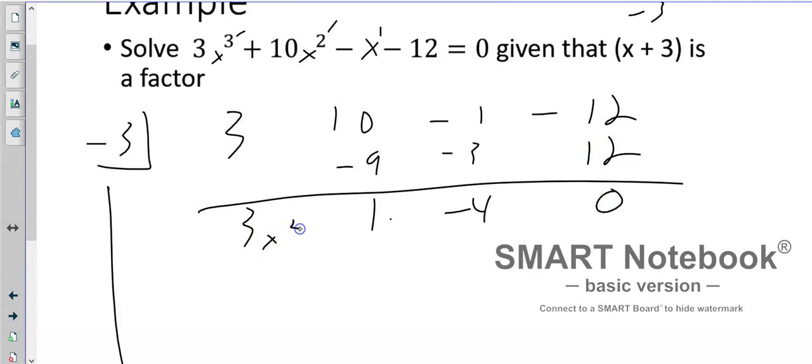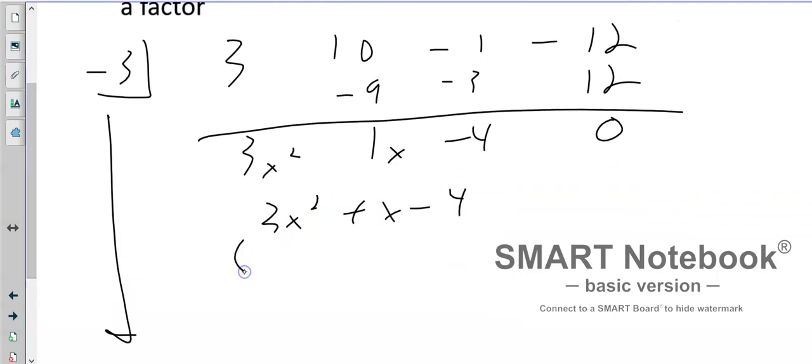So remember, x squared, x. So 3x squared plus x minus 4. I need to factor that. There's only one way to get 3, and that's 3 times 1. Now here I could have 1 and 4, 2 and 2. Just guess. I need to get a difference of 1.